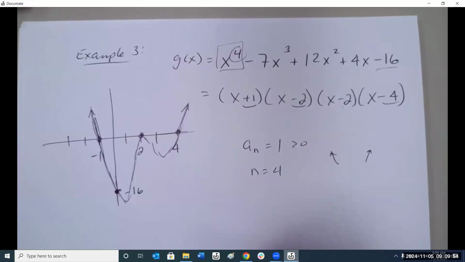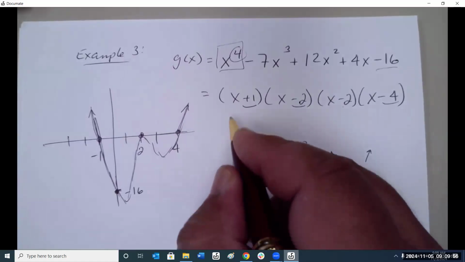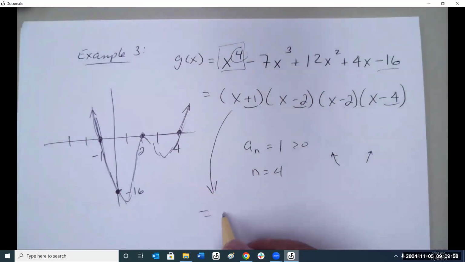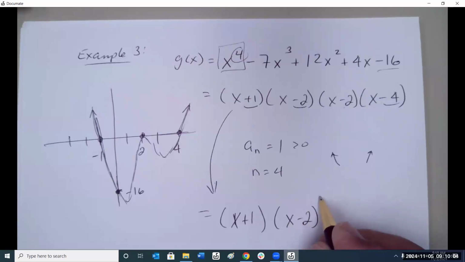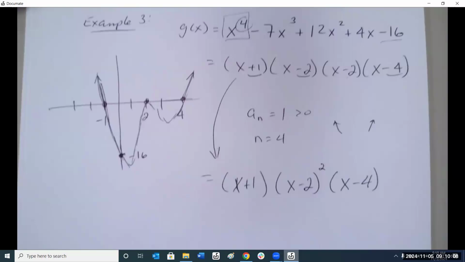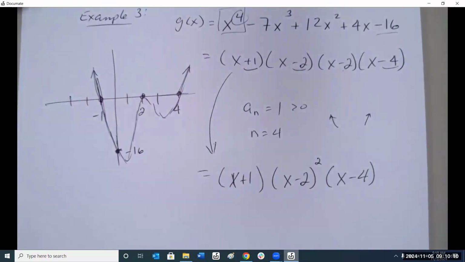Because if we looked at this and rewrote it, we have x plus 1, x minus 2 squared, x minus 4. Once we factor it, can you tell me the degree?